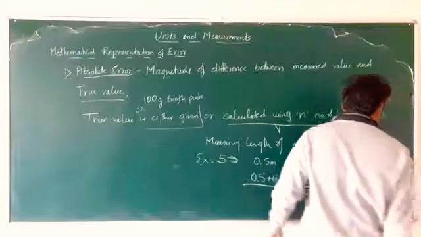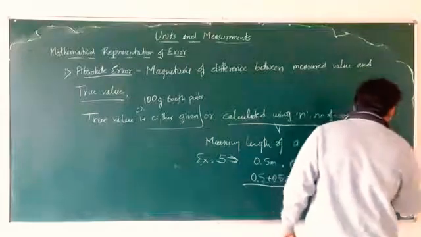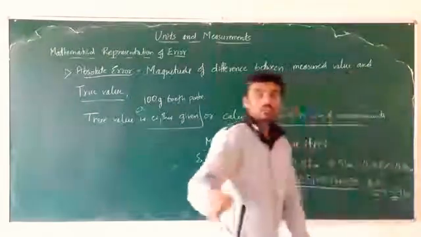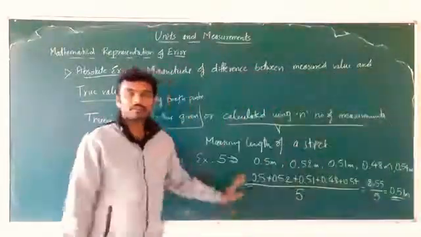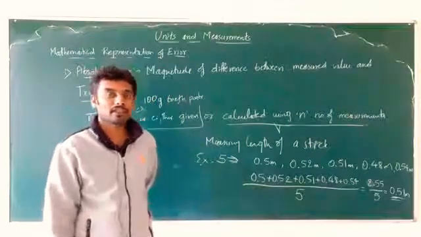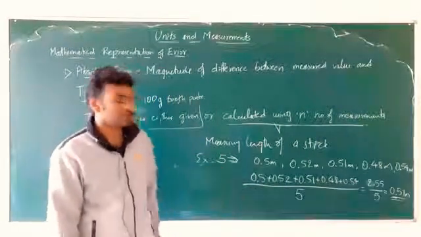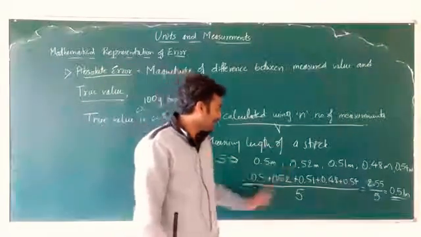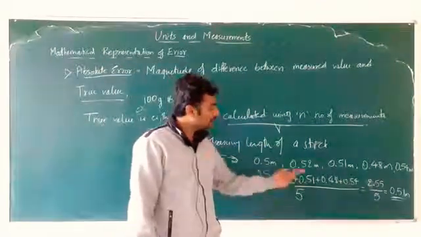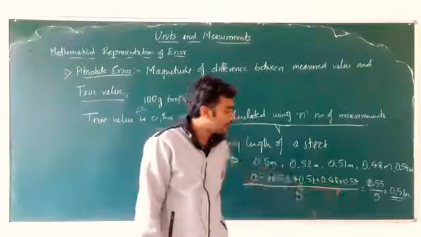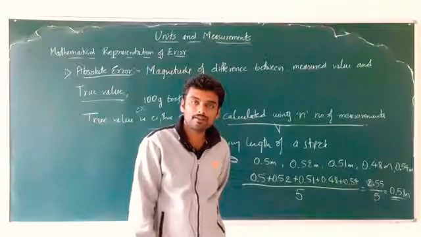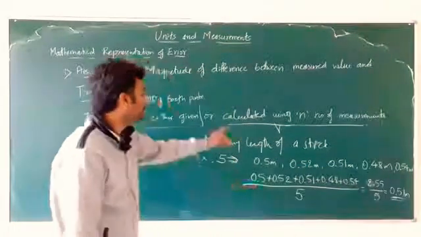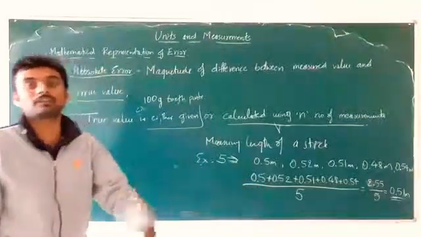So 0.51 meter is the true value of the measurement for this set of readings. Because they did not give us the true value, we ourselves need to get it. How do we get that? We take the readings and take the mean of those readings, and hence we will get the true value. Clear with this?